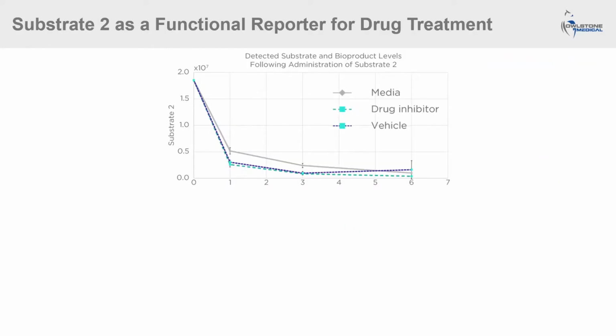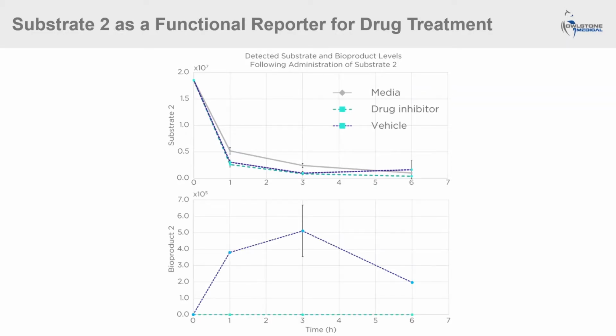So, to show some results, we can see here that again, for this compound substrate 2, we see a reduction over time due to evaporation, either if there is only the media or if there are also the cells. However, when we look at the bioproduct, where there is the media and where there is the drug inhibitor, the bioproduct is basically absent.